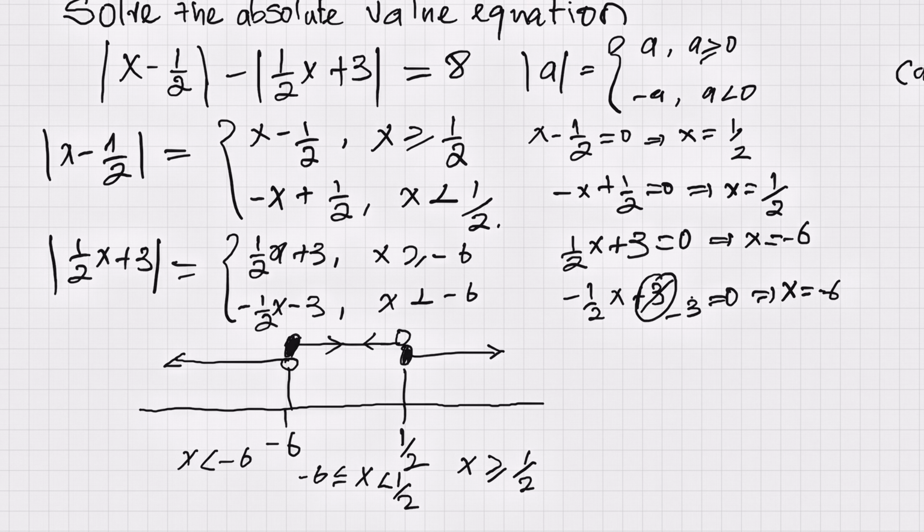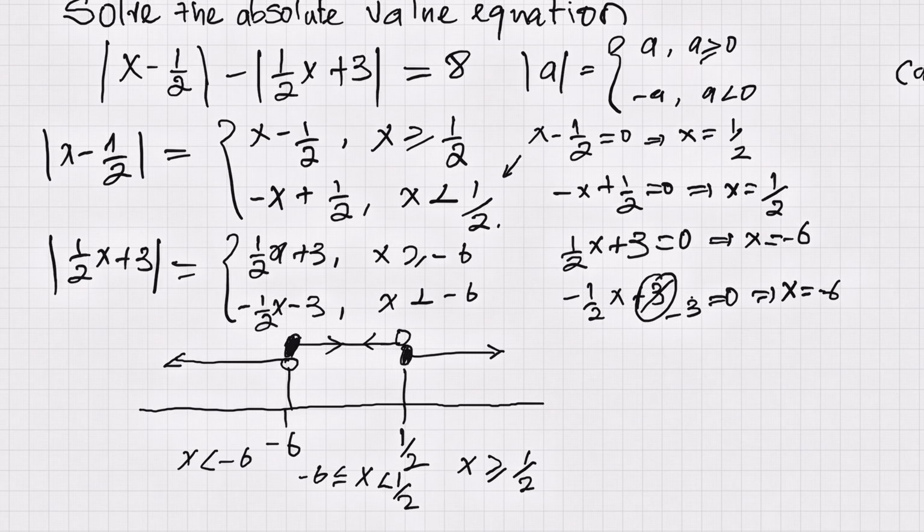Less than -6, you see now that for this equation, we will choose this one, right? Because x less than half includes that interval x less than -6, right? So for this one, we will pick this one.